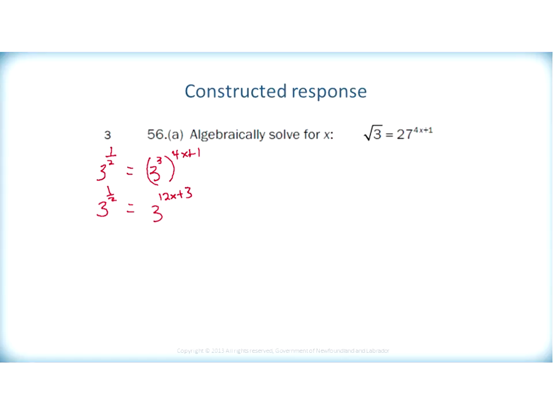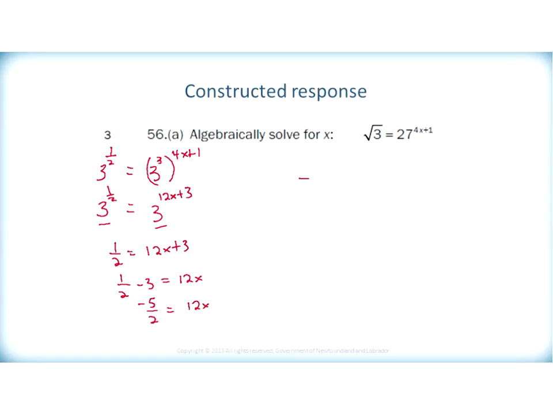And so since the bases are the same now, we can equate the exponents. 1/2 will equal 12x plus 3. So we solve for x. 1/2 subtract 3 would equal 12x. This will give us negative 5 over 2 would equal 12x.